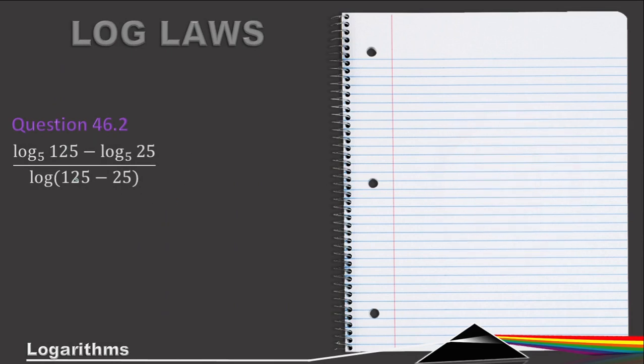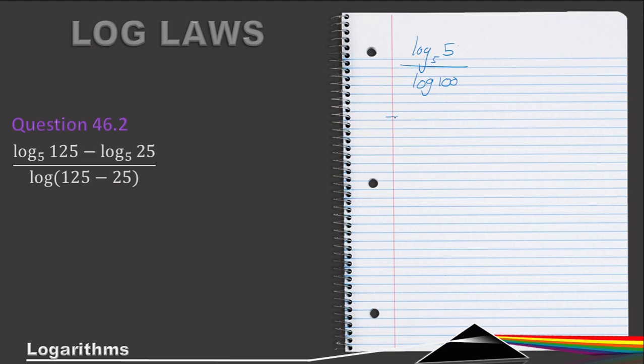Once again, in this case, 125 and 25 divide nicely. So I'm going to subtract the two logs first. It's going to be log base 5 of 125 divided by 25, so that gives me 5, over log 100.